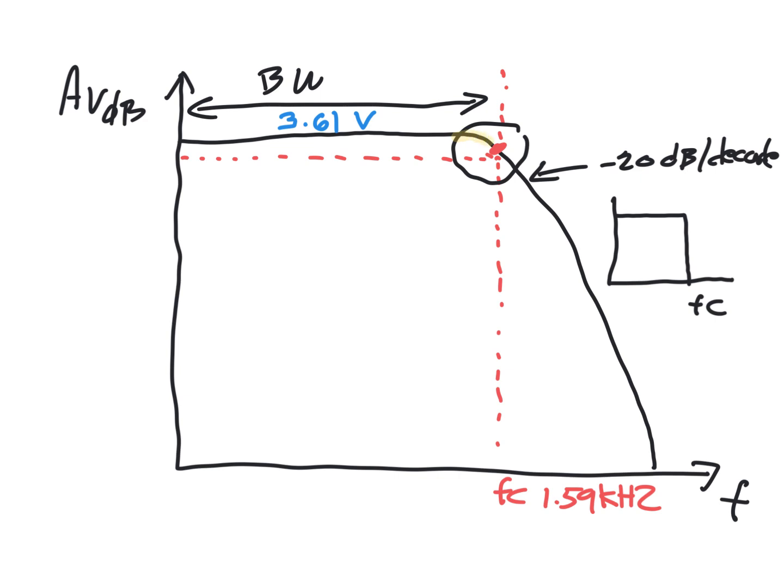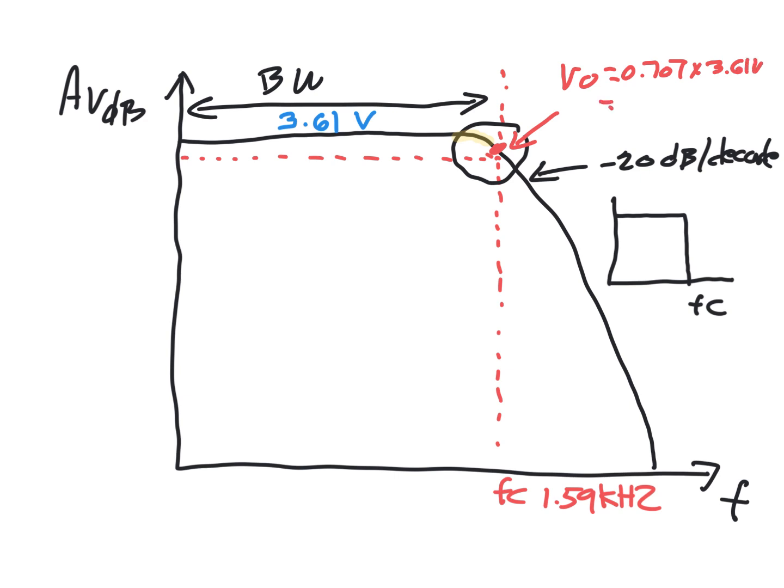Now at FC, and this is an important point, the output voltage is equal to 70.7% of whatever the output voltage is in the pass band.